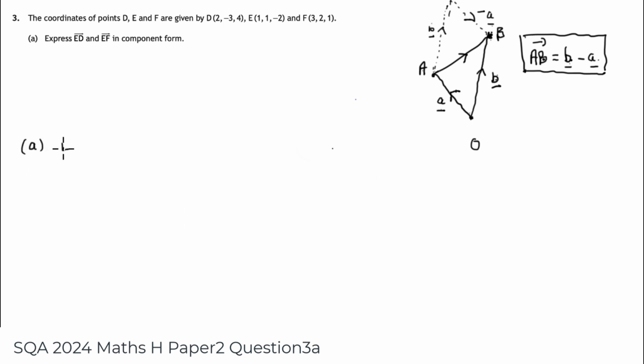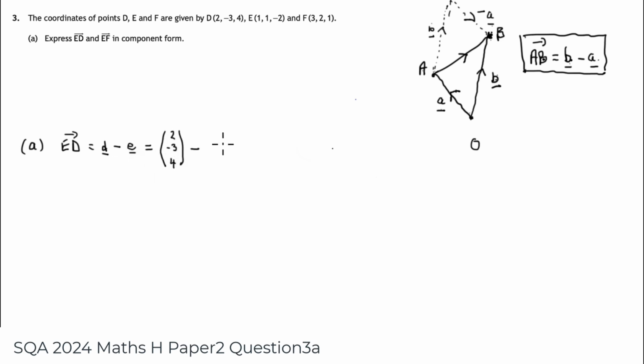So ED, in terms of position vectors, will be position vector of D minus position vector of E. Now the components of position vector of D are exactly the same as the coordinates of D. So they're 2, negative 3, 4.